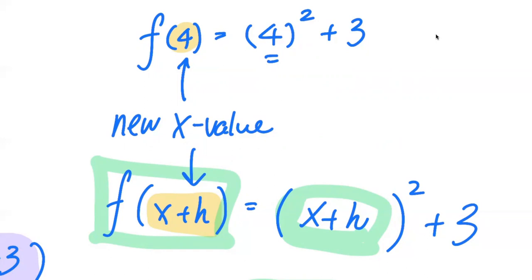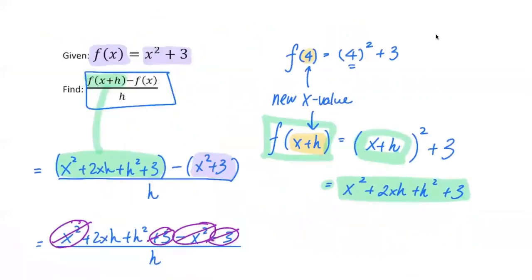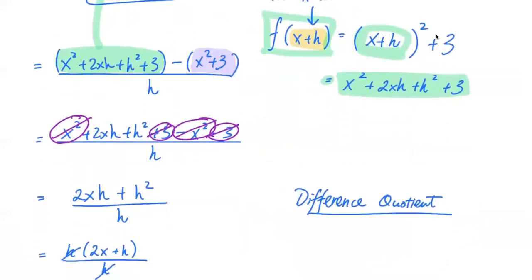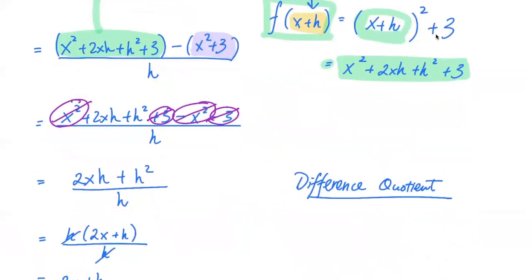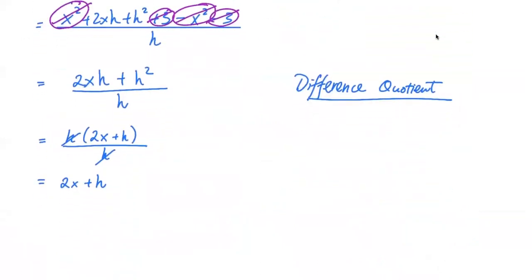We just treat it the same way as if it's the number 4. We place the x plus h in the place of x, and then we will expand it.